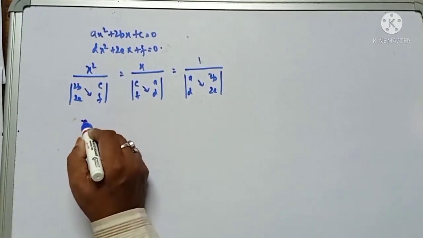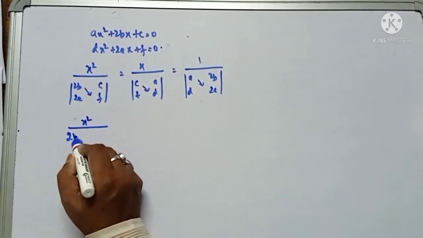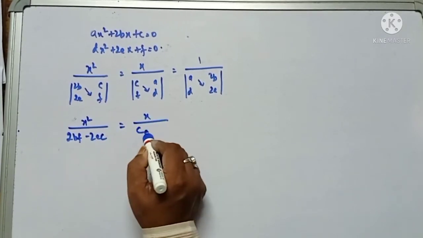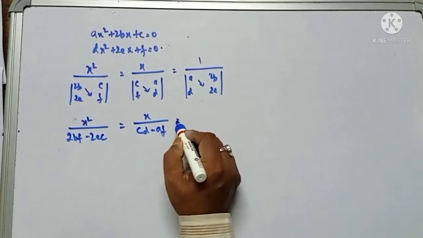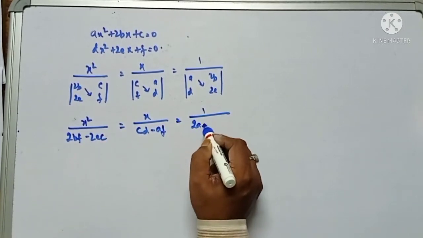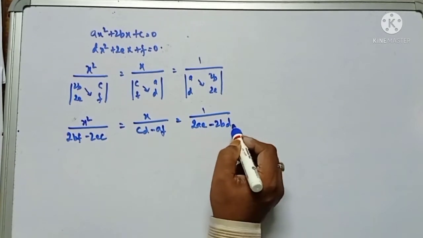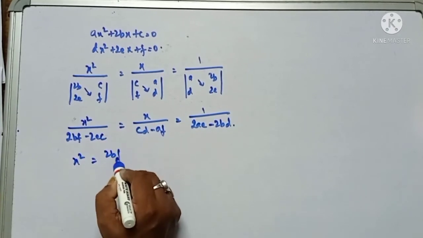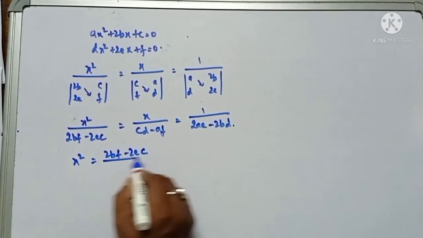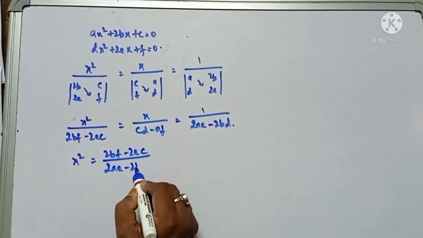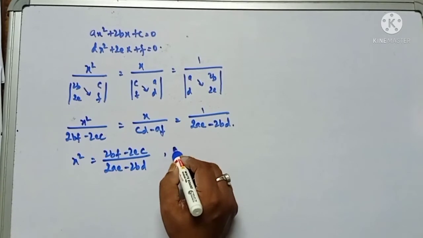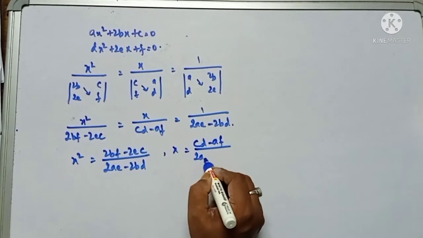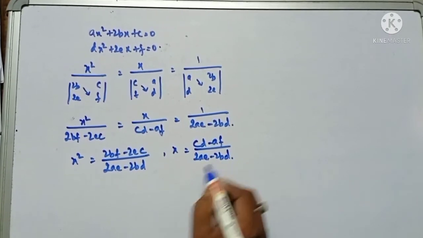So x square by 2bf minus 2ec, x by cd minus af, and 1 by 2ae minus 2bd. So the value of x square is equal to 2bf minus 2ec by 2ae minus 2bd, and the value of x is cd minus af by 2ae minus 2bd.